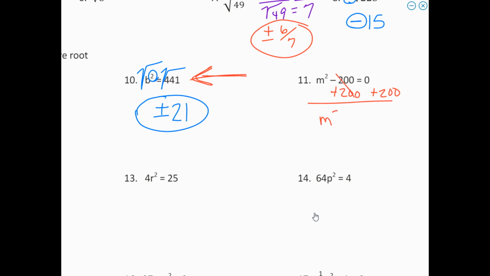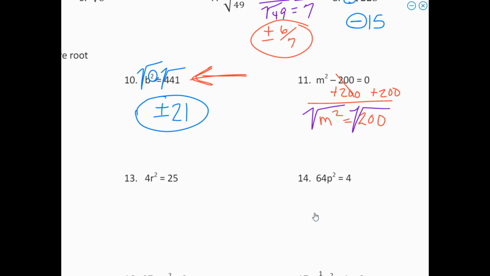Okay, so now I have m squared equals 200. Now can I take the square root of both sides? Yes. So the square root of 200, is 200 a perfect square?